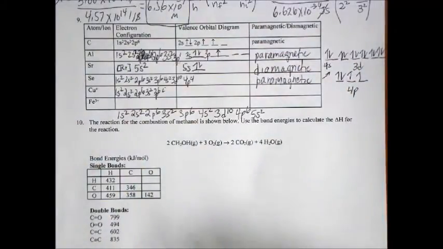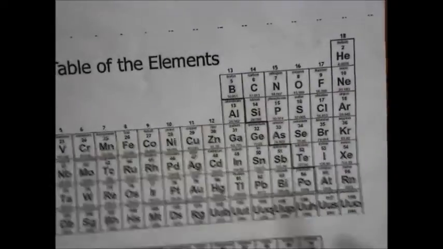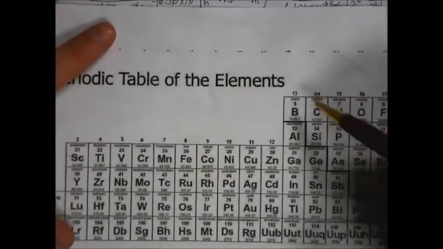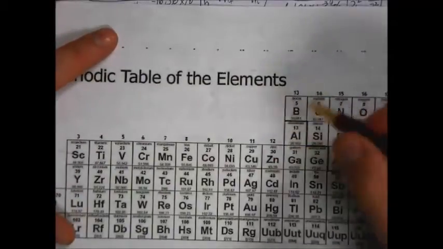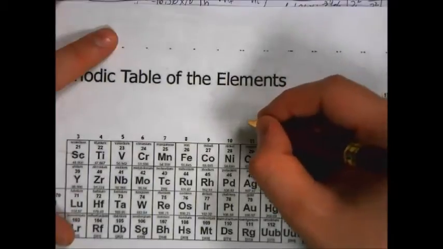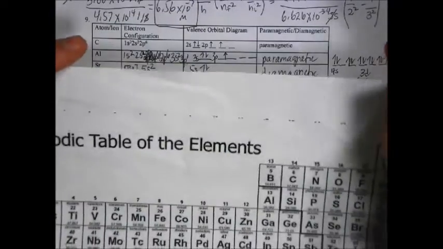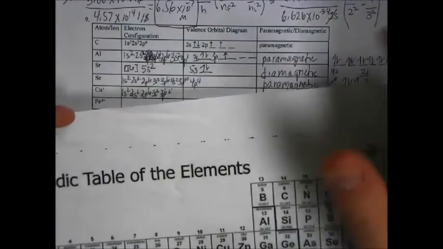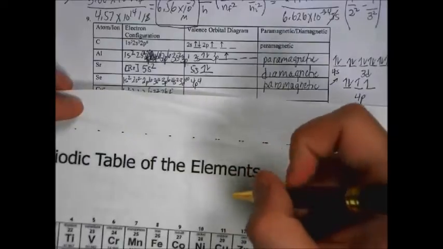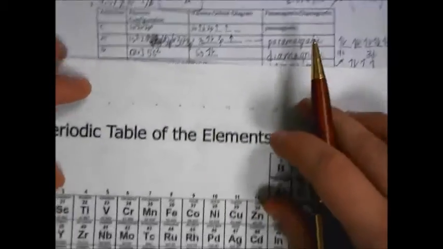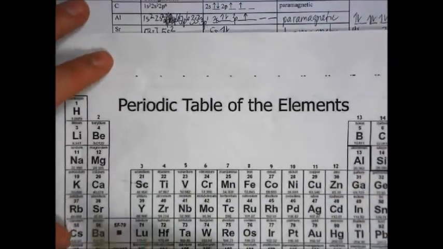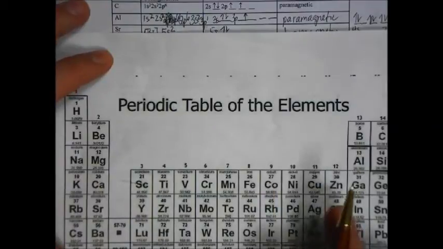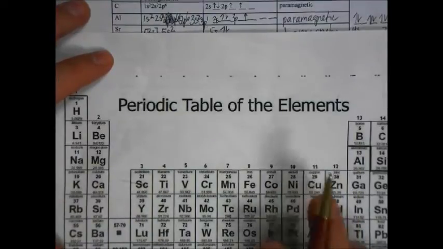So copper is one of the ones that is a weird one. It is because the configuration, if you just followed the Aufbau principle, would be 4s2 3d9, right? So 4s2 3d9, but it is not that.